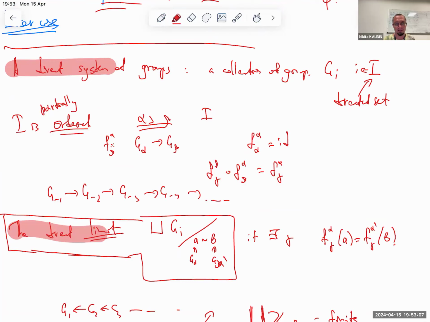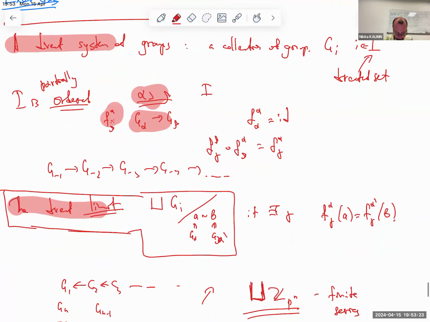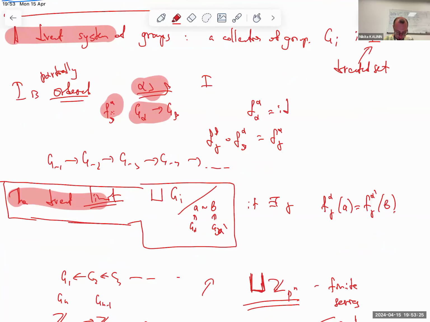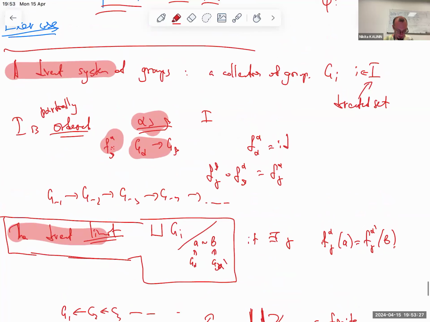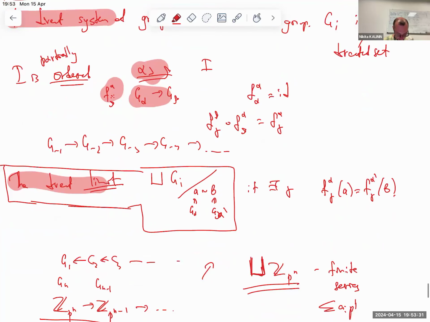But indeed, there is always confusion about these signs and arrows and so on. It's, I don't know, different conventions. There's no one choice which everybody follows. Okay. So here you have a direct system of groups. We can define the direct limit of the whole system.